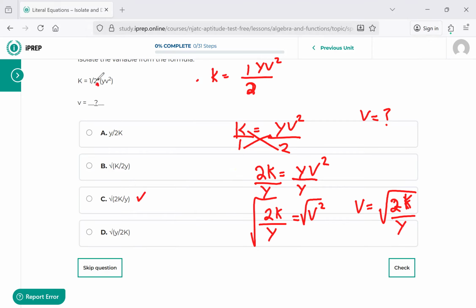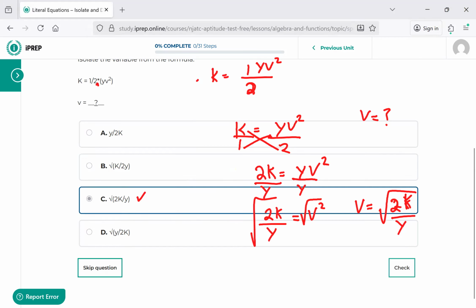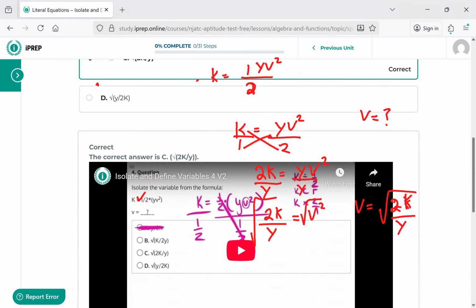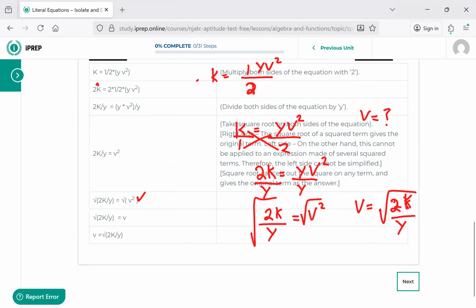This multiplication means it's going to be on the top. If it was a slanted line, you'd put that yv squared on the bottom, but it's not. Let's see if the correct answer is C. Correct. Good. Okay, let's move on.